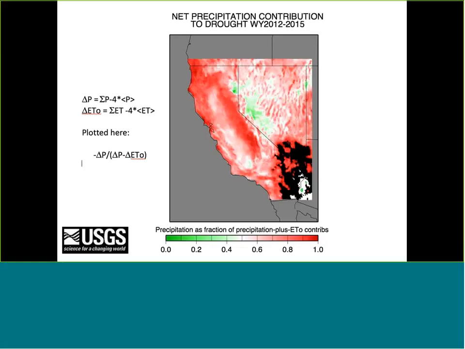So anywhere where it's red, the missing precip is the whole story. The evaporative demand is a small number compared to that, okay? And where it goes to white, they're actually almost the same magnitude, okay? And then finally, when it gets into green, the evaporative demand is actually the big player in this drought so far.